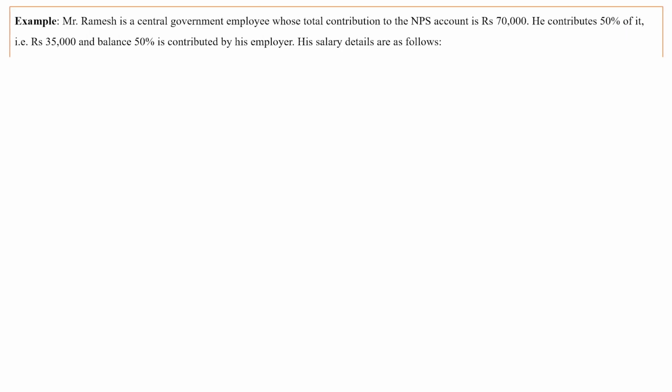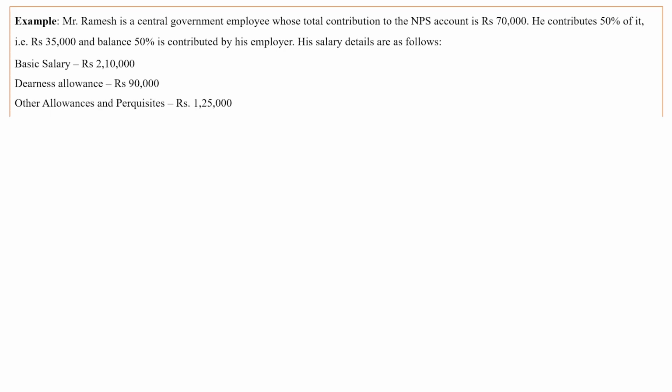Now the next example, Mr. Ramesh is a central government employee whose total contribution to NPS in the year amounts to rupees 70,000. He contributes 50% of it, and the rest 50% is contributed by his employer. His salary details are basic salary plus DA taken together 3 lakh, other allowances and perquisites 1 lakh 25,000. It is not to be considered here, and his investment in 80C is 90,000.